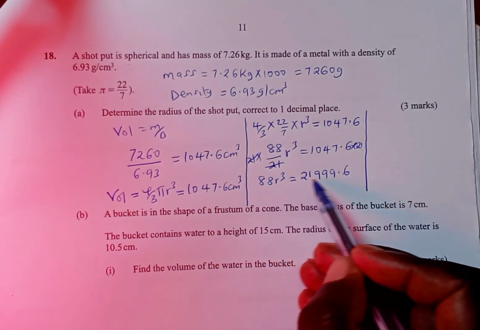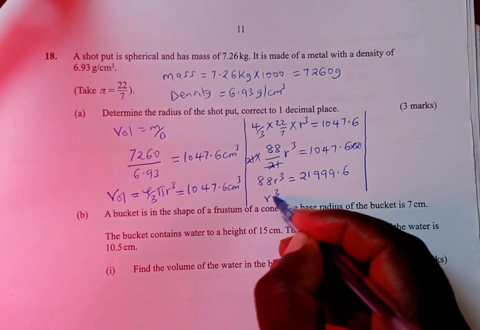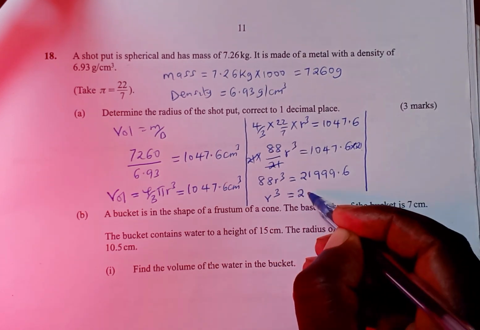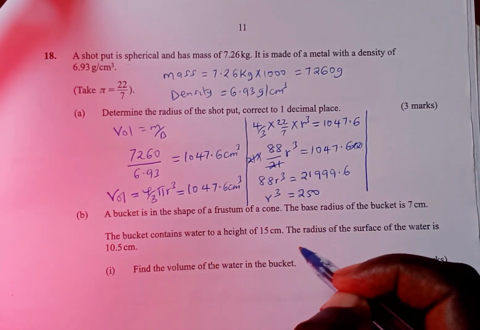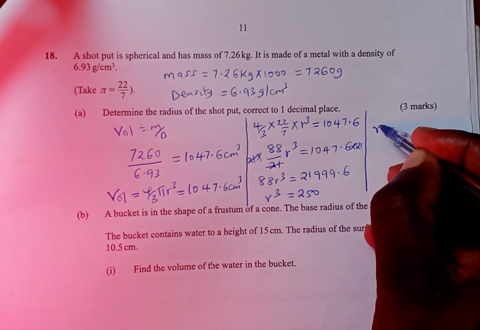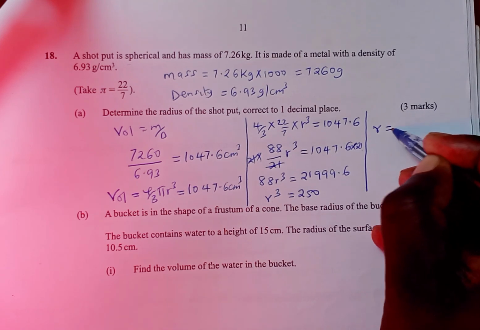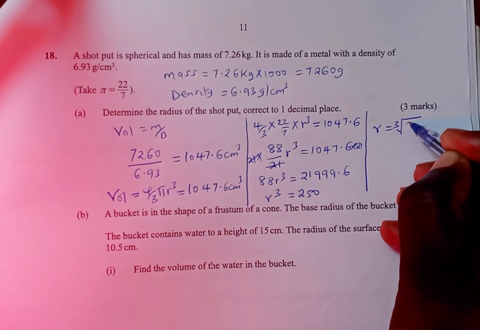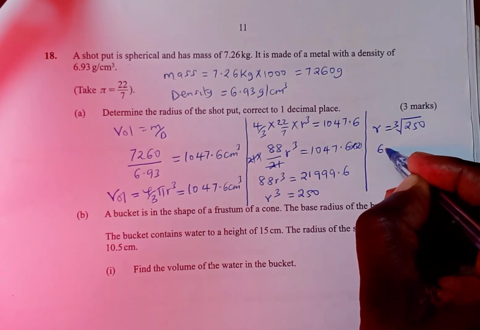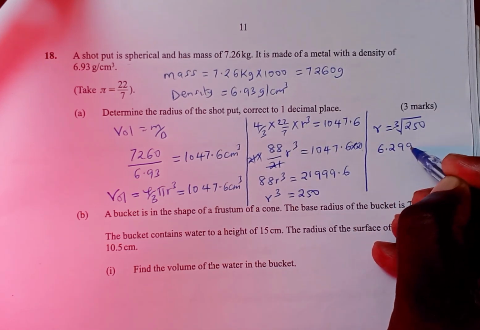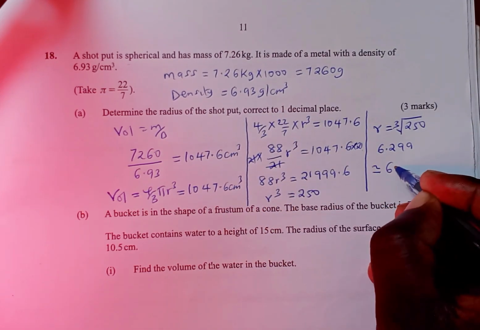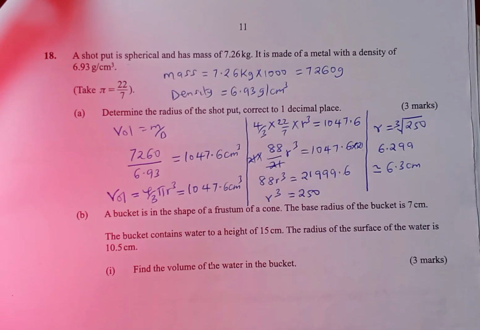If you divide both sides by 88, we remain with r cubed being equivalent to 250 approximately. If you want to get the value of r, you take the cube root on both sides, and therefore r is going to be the cube root of 250, giving us 6.299. But correct to 1 decimal place, the answer is going to be equivalent to 6.3 centimeters.